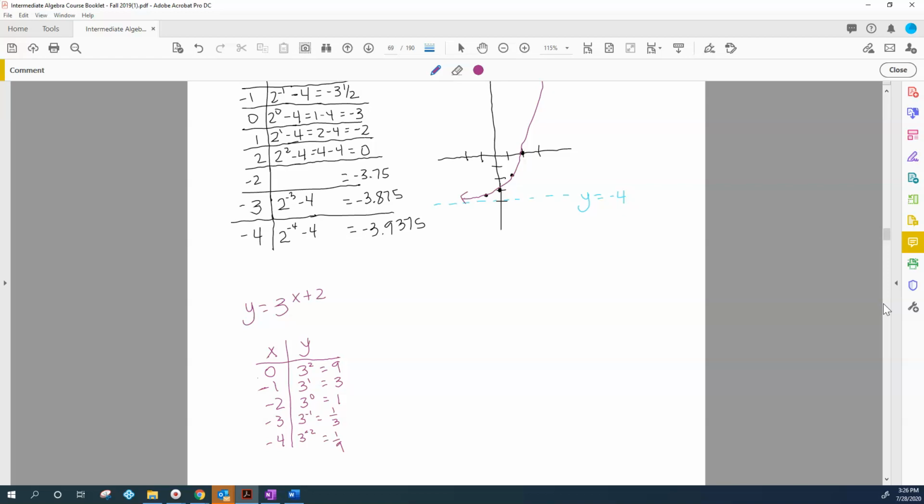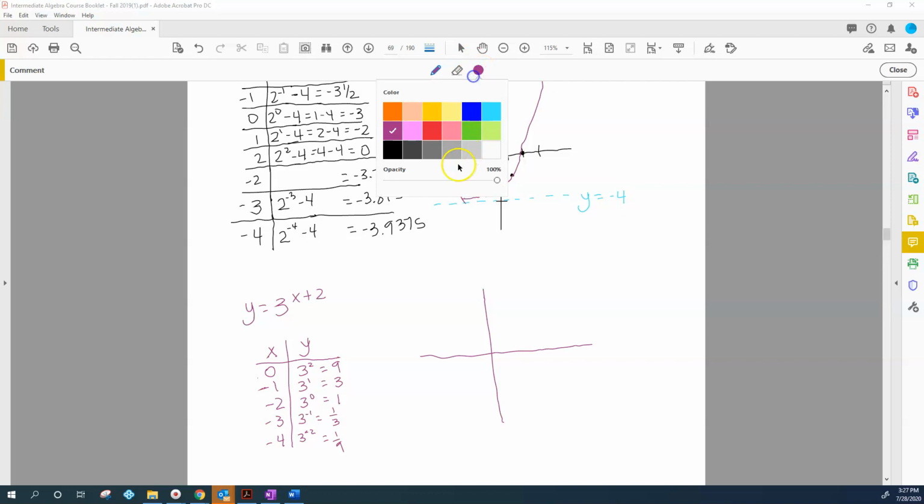Right. So where would my asymptote be on this one? Can you tell what it's getting really, really close to, but never going to cross? It's like this is saying 3 to the x plus 2 power plus 0.